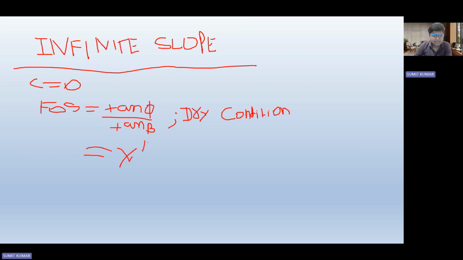So what I am trying to mention is that the second one is gamma dash by gamma sat into tan phi by tan beta, right?